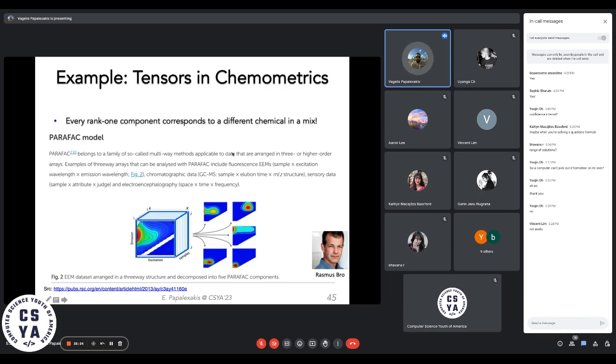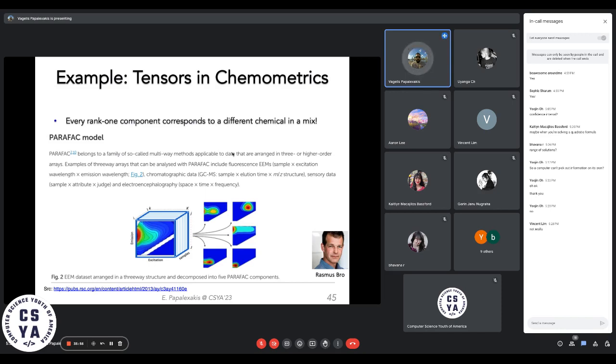But basically, the last 25 years plus of his career has been focused on pushing how much you can use this multi-aspect modeling in order to advance life sciences. And so I'll give you an example. Let's say you have a chemical mix, and that chemical mix can be as simple as a beverage, or as crucial as a stool sample, where you want to find early markers of cancer, right?